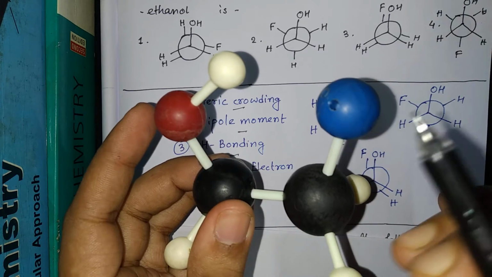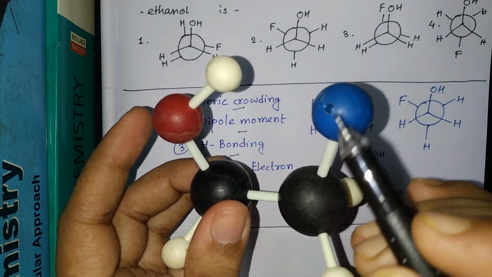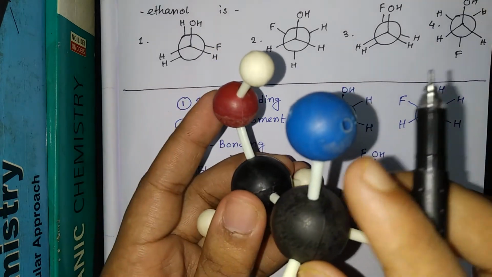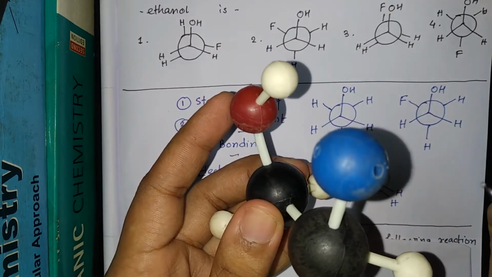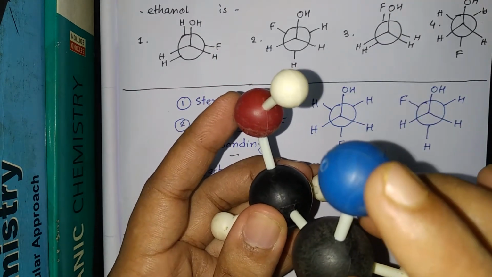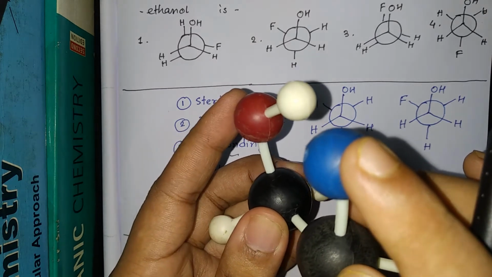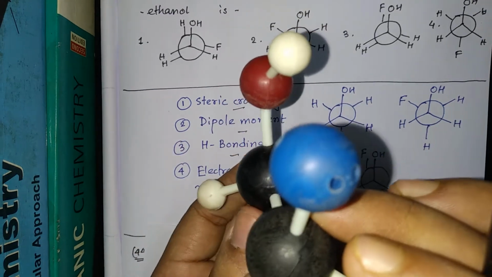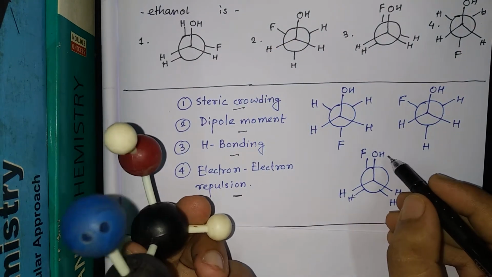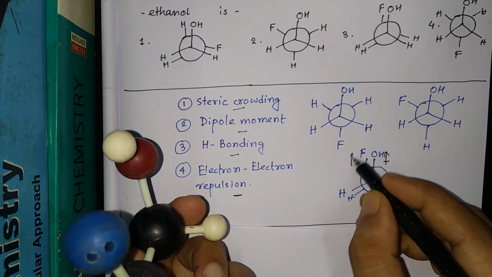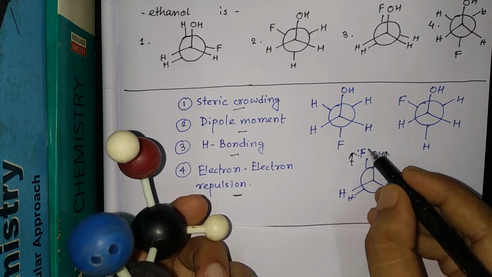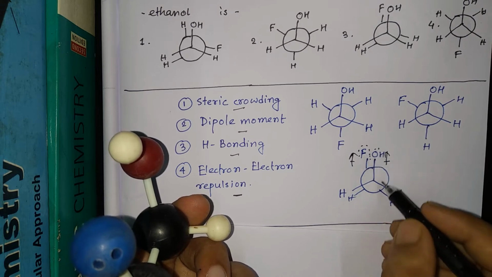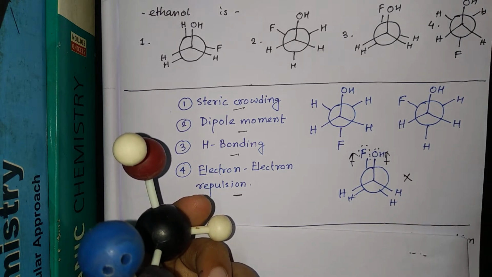Fluorine has 3 lone pairs and oxygen has 2 lone pairs, and these lone pairs repel each other, so there is electronic repulsion. Therefore, this conformation is not so stable.